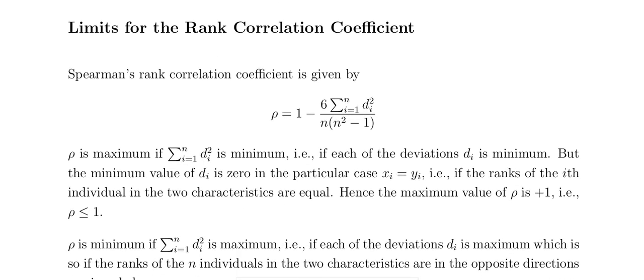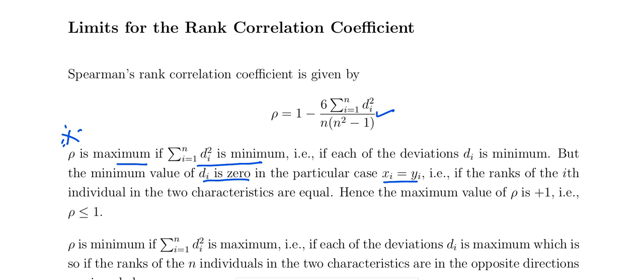Now the limits for the rank correlation coefficient. The rank correlation coefficient rho is maximum if summation di square is minimum, that is, if each of the deviations di is minimum. The minimum value of di is 0, in the particular case xi equal to yi.